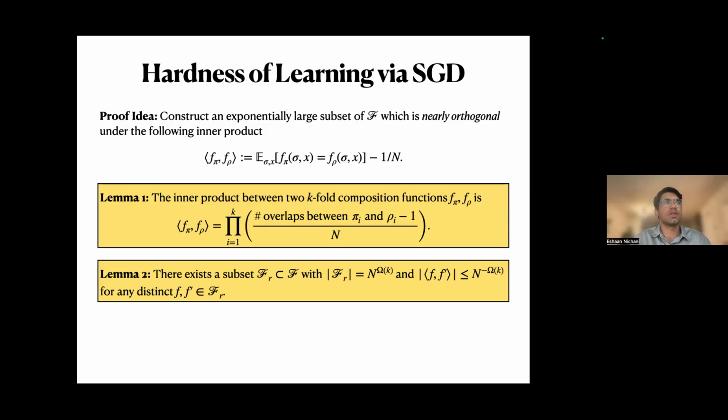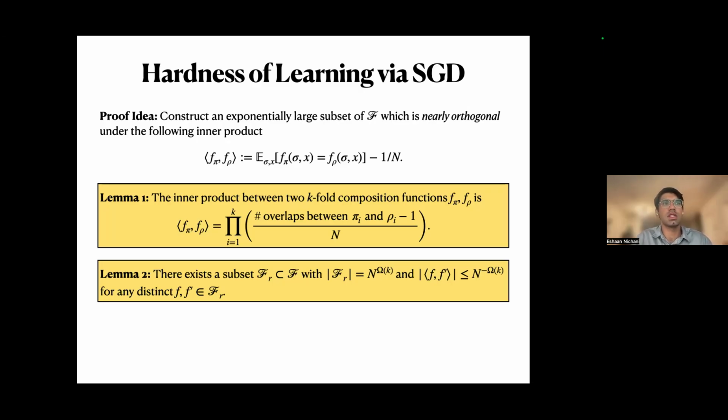From this formula, I think you can kind of guess how this could be done. If you pick arbitrary pi and arbitrary rho, they probably agree on a constant number of elements in each permutation. And as such, their inner product is going to be this product of some constant divided by n to the kth power. And so their inner product will be something that's exponentially small in k.